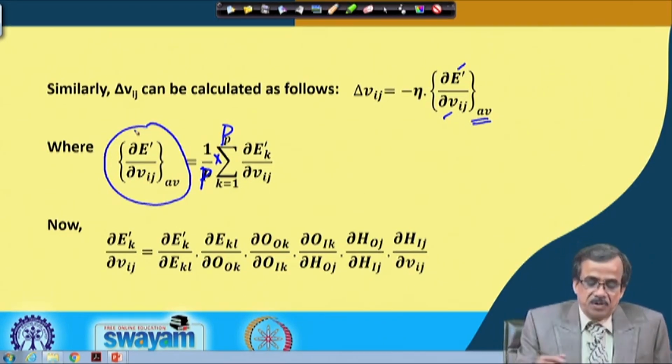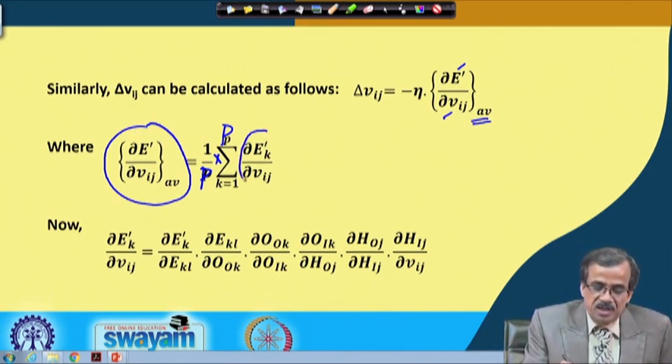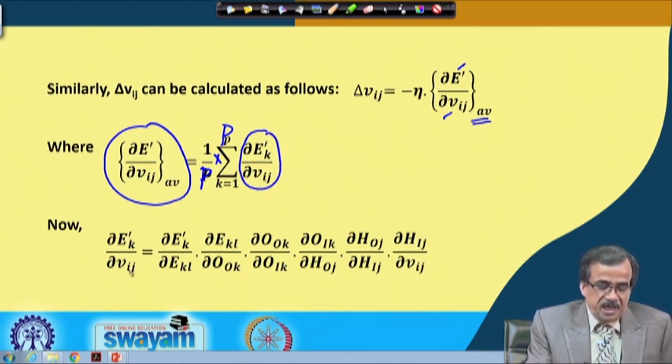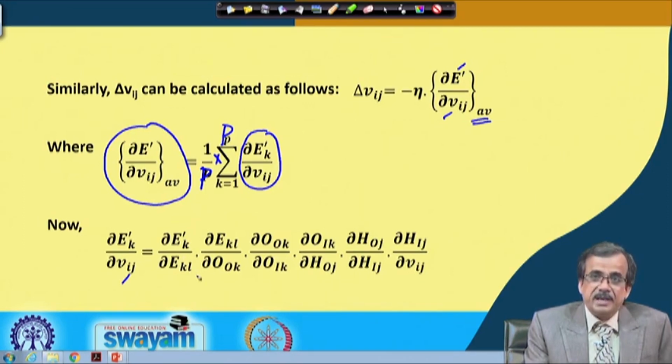And how to find del E_k prime del V_ij? This del E_k prime del V_ij is nothing but del E_k prime del E_k^L multiplied by del E_k^L with respect to del O_Ok.